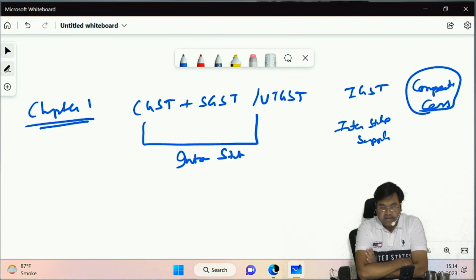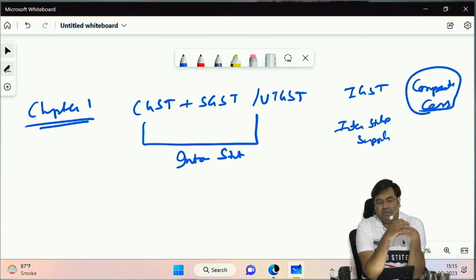Then we discussed the aggregate turnover definition. Taxable supply definition: leviable to tax. Exempt supply definition: nil rated, wholly exempt. Non-taxable supply definition: not leviable to tax, that is 5 petroleum products plus alcoholic liquor for human consumption.